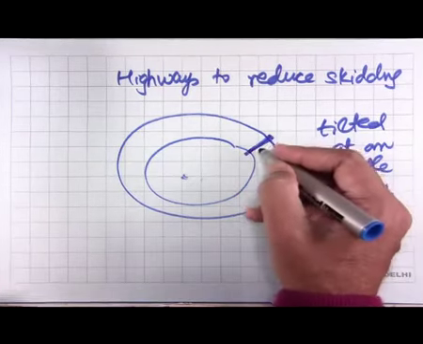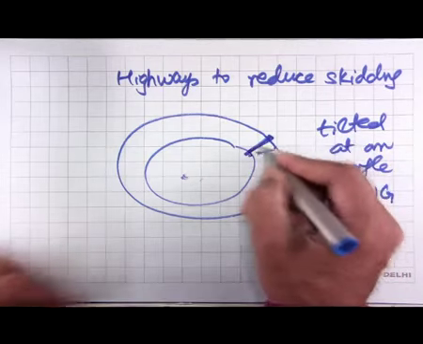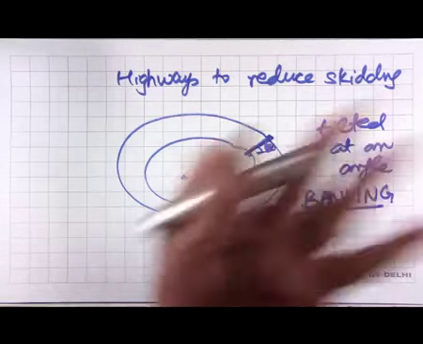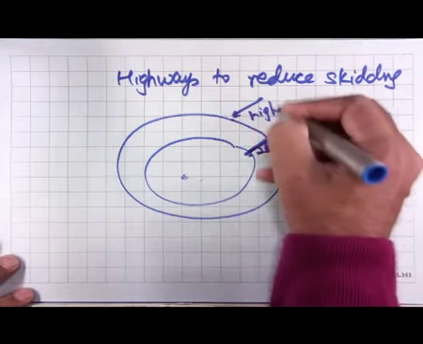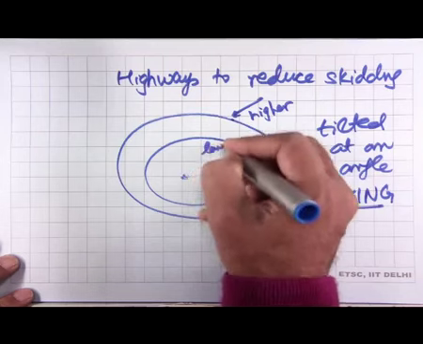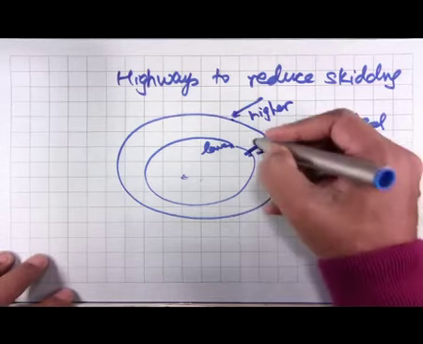So, this road is tilted at an angle theta and it is higher on the outside and lower on the inside. So, a slight angle is given to the road which is termed as banking. And what is the advantage of banking?